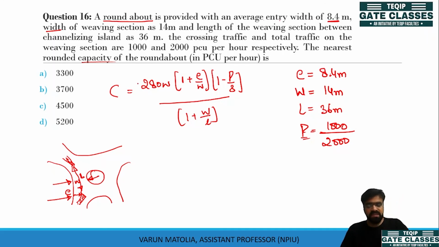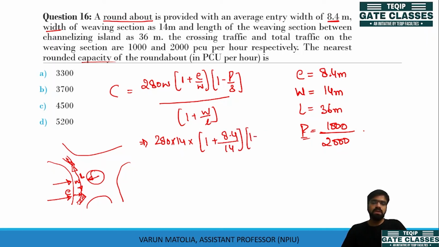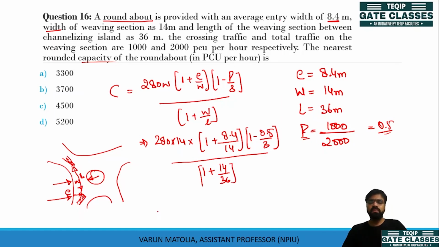Now let us put all the values which we have in the question into this formula. Let us write it as 0.5. What is W? W is 14 divided by 36. So this is the complete formula. Let us calculate and write the solution.